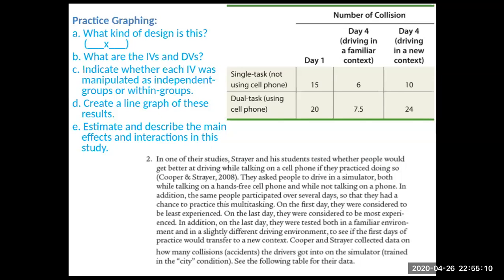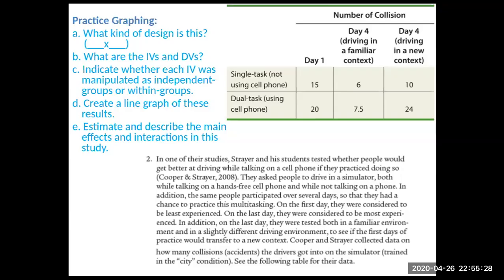Day 4, 10 and 24 would be 17. Looking at these, we have 17 and a half and 17, but we also have 6.6. So you would say that of these, at least one is different from the other 2. So yes, you would say that there's a main effect.